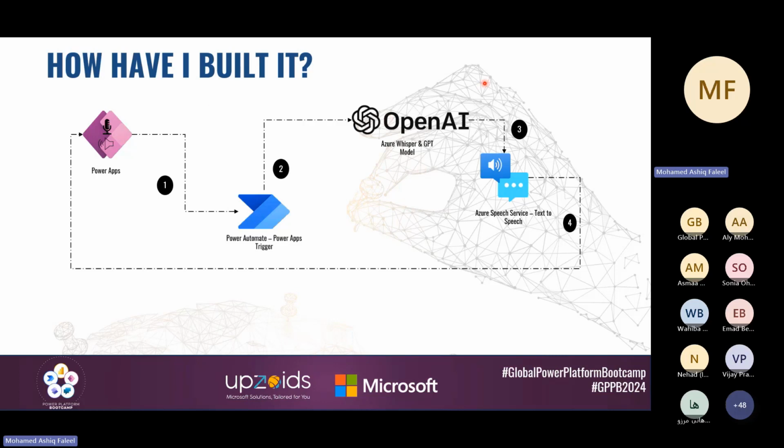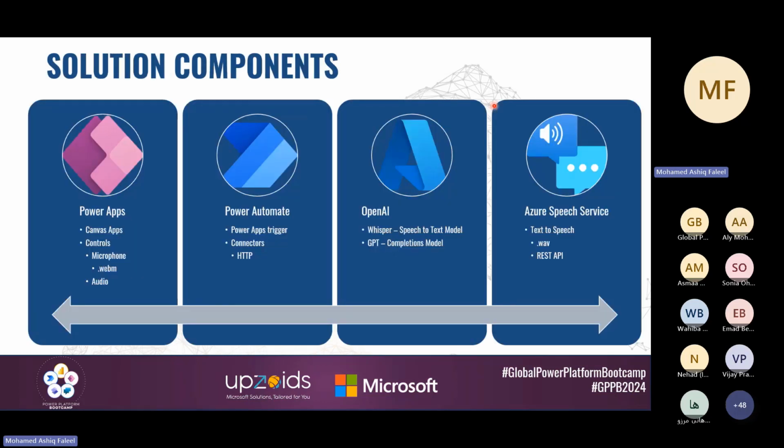Right, so this is at a very high level what I have used, but let's go through the different components in detail. In the Canvas app, I've used the microphone control, which you would have noticed during the demo. The microphone control is responsible for capturing your voice in the format of WebM.